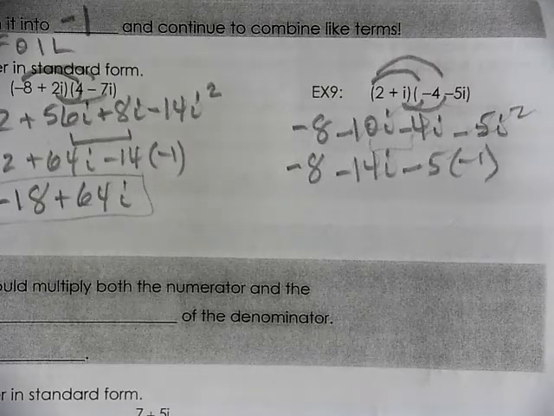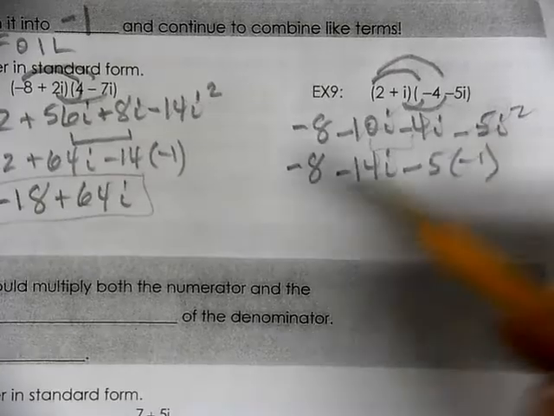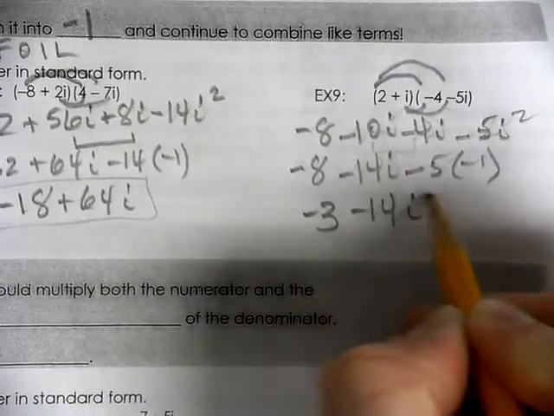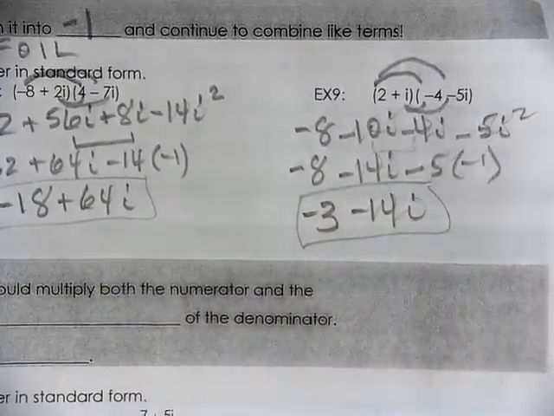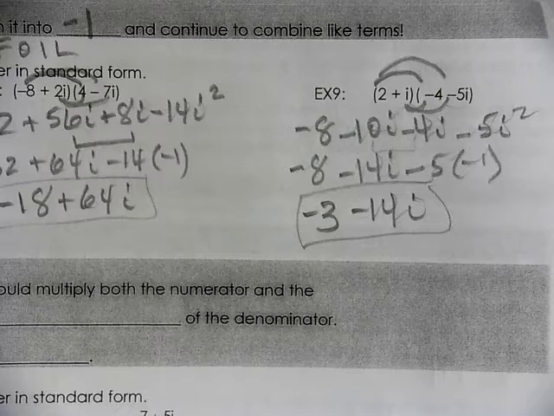The negative 5 times the negative 1 is a positive 5. With the negative 8 gives us a negative 3. So that's our multiply.